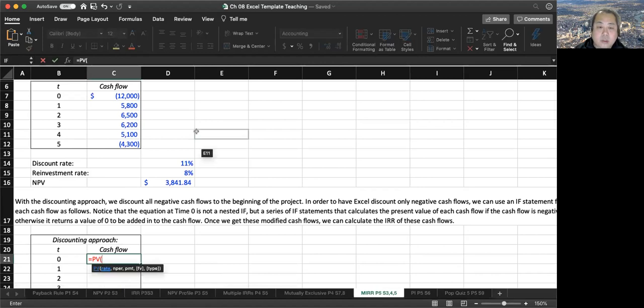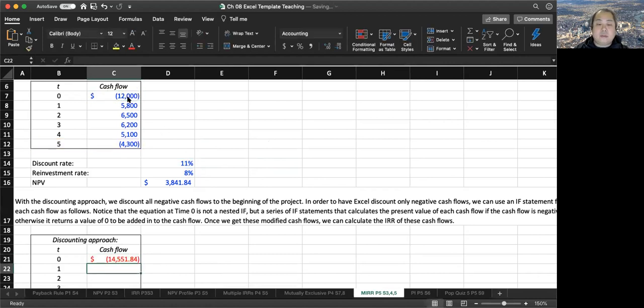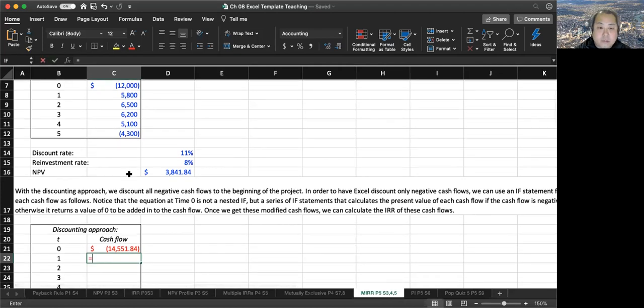So present value, rate, 5 years, PMT 0, and for the future value you have to have a consistent sign, so I put a negative sign on the future value, plus the initial cash flow. Then you have negative $14,551.84. You have the same cash flow from year 1 to 4.